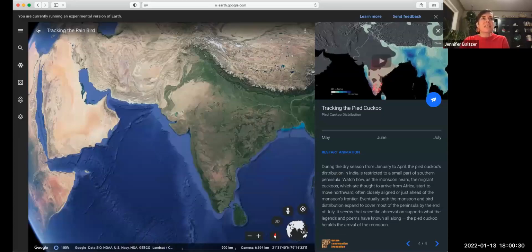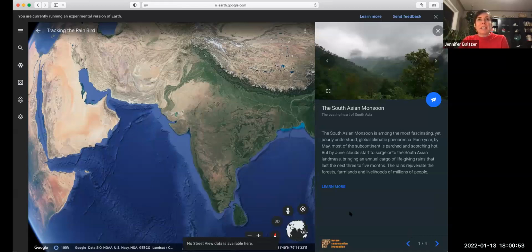So this is a feature in Google Earth called Tracking the Rainbird. And this is a pied cuckoo. And we have here India. You can go through these different pieces, and it gives you a little bit of information about the South Asian monsoon.